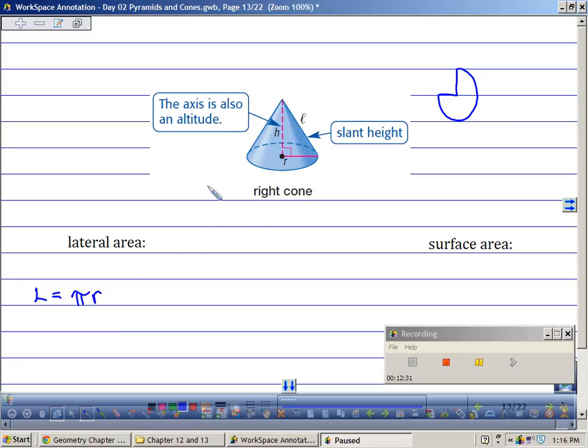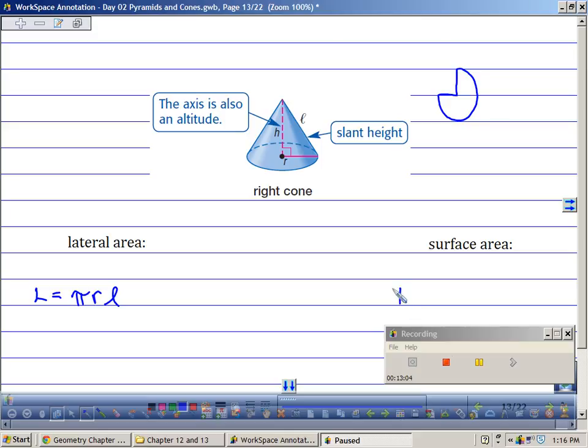Look at the stuff up here. 1/2 times the slant height. It kind of makes sense, right? Pi times the radius, because that's how wide it is, and then multiply it by how tall the cone is. Makes sense. All right, so that's our lateral area.